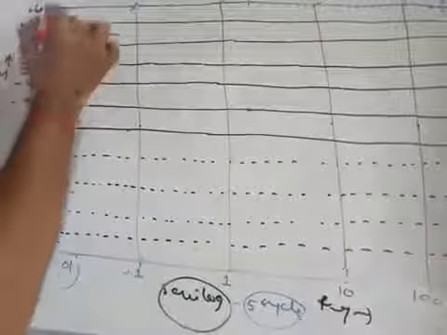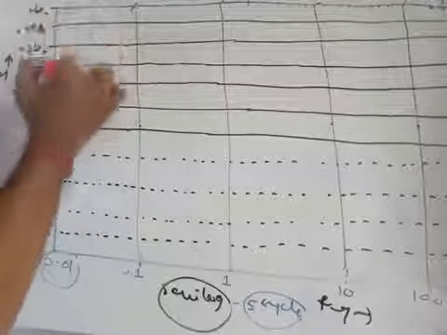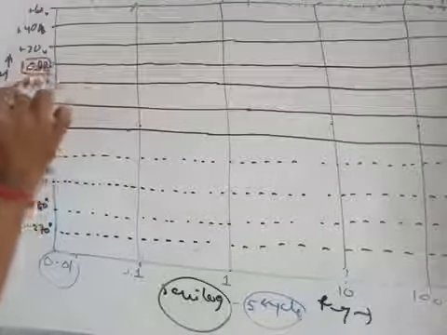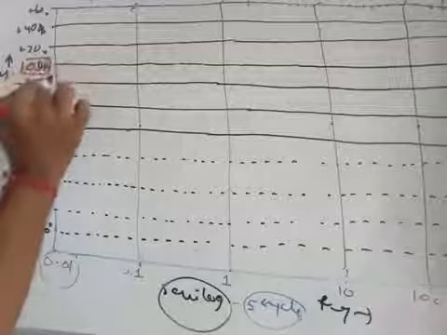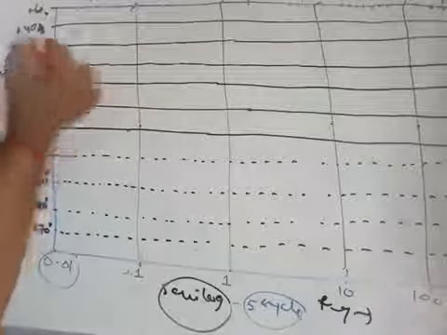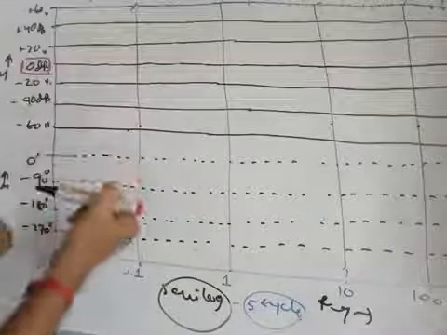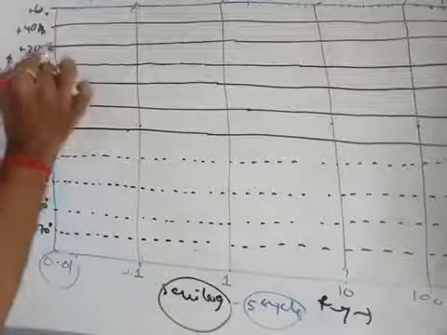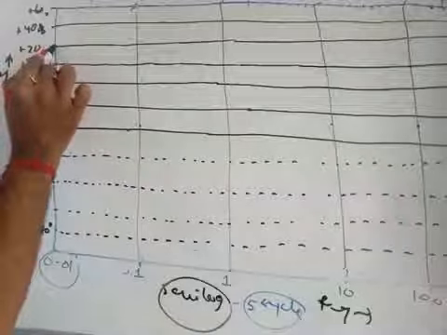We will divide this linear scale in such a way that from this point to this point is 20 dB. The change in magnitude is 20 dB, either on the negative side, that is minus 20 dB, or on the positive side, that is plus 20 dB. So this is 0 dB, and above this there will be plus 20 dB.